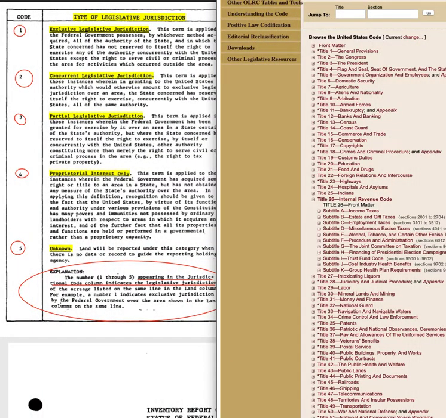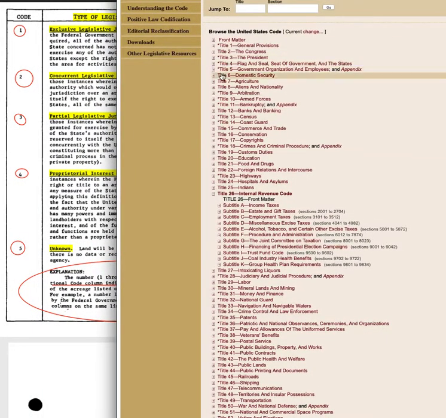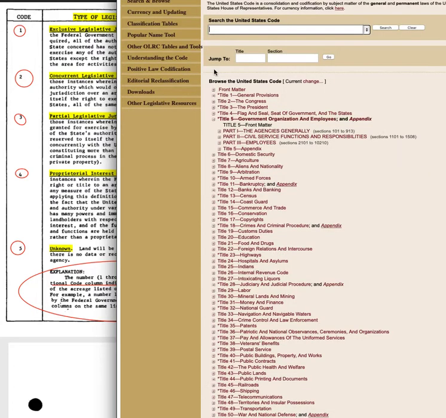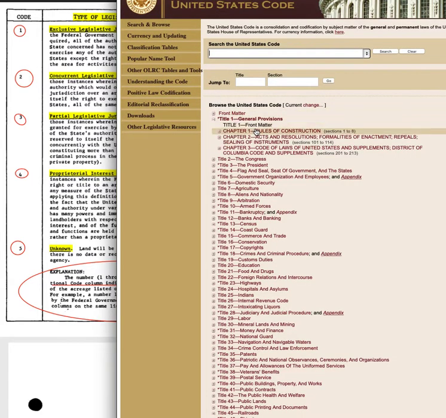Absolutely none. Absolutely none. It's right here. Government organization and employees. It's made positive because first they designate the lands, which is in Title IV, and maybe in Title I. I haven't memorized everything that's in the titles.